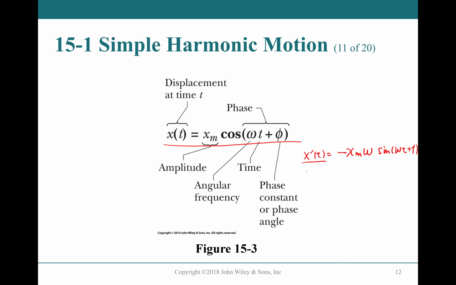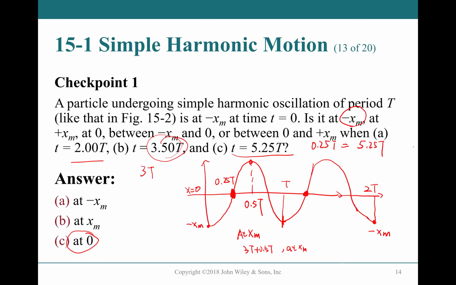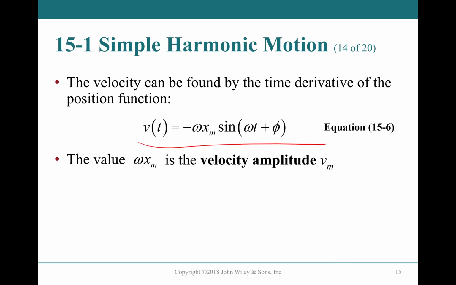And the first derivative is your velocity, so I can write it as v. Velocity as a function of time, you are going to get negative omega xm sine of omega t plus phi.